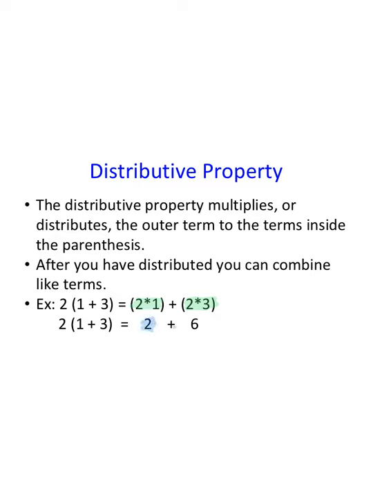We're keeping that plus sign in the middle. And 2 times 3 is 6. And if we were to add 2 and 6 together, we would realize that that equals 8. And that represents our 8 pizza slices.